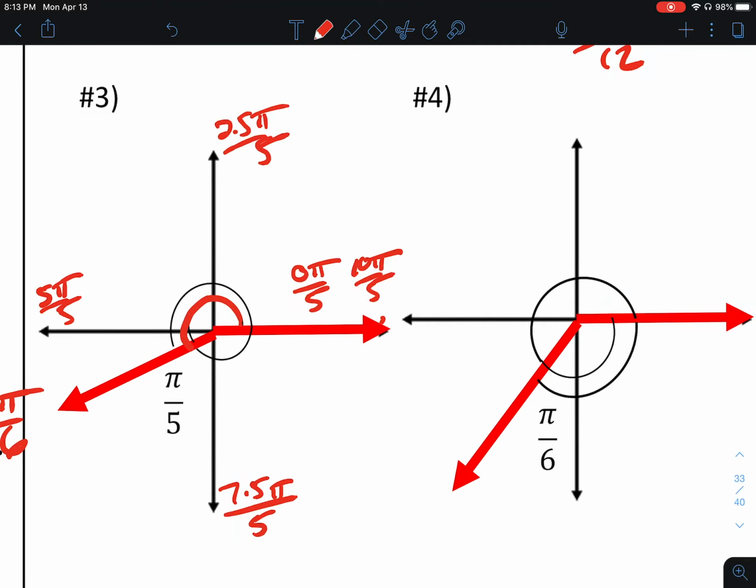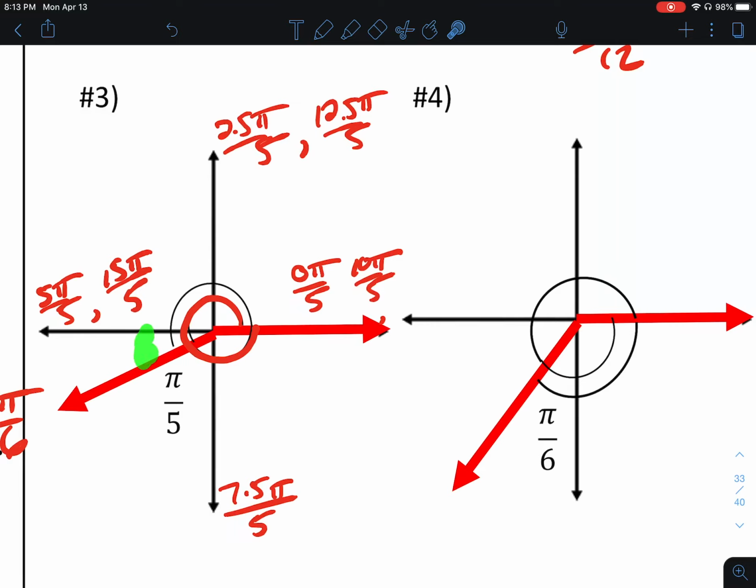So that gets us to here. If we add another 2.5 to the top, that's 12.5 pi over 5. Add another 2.5, we're going to get 15 pi over 5. And then we're getting super close. So the answer is definitely going to be bigger than 15 pi over 5.